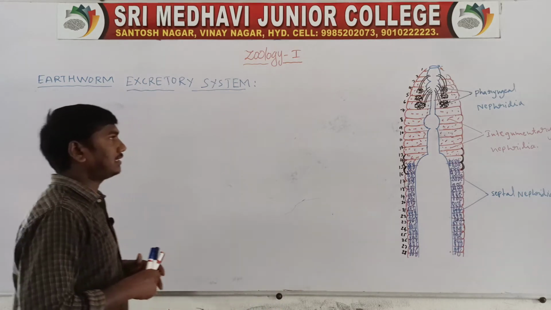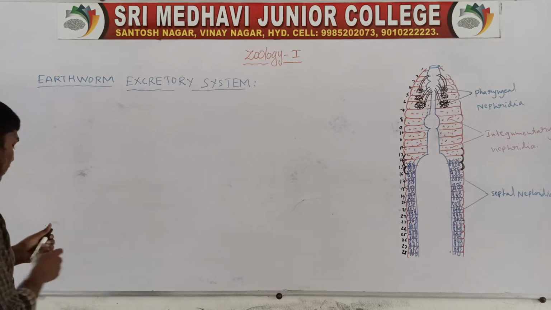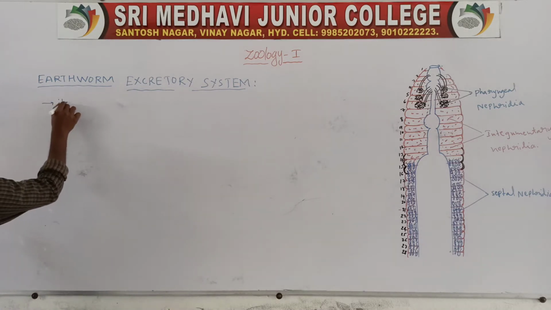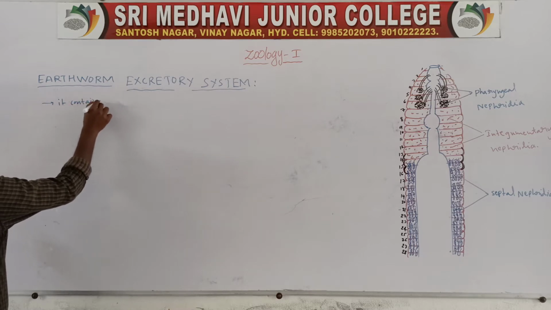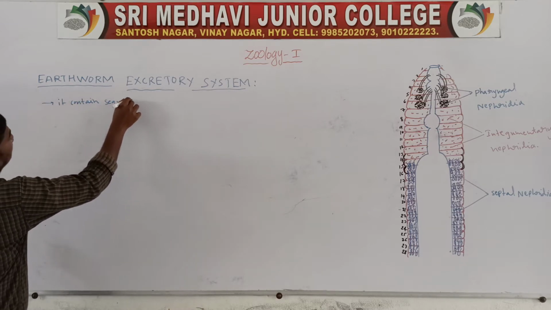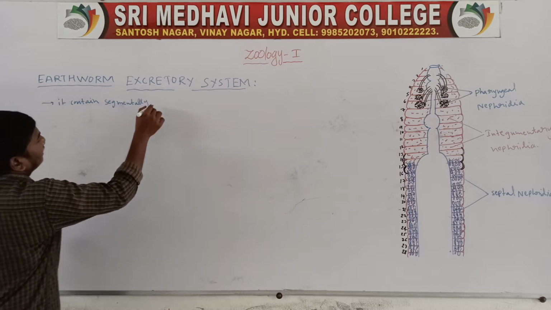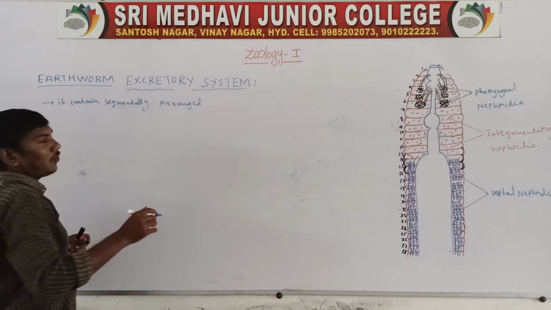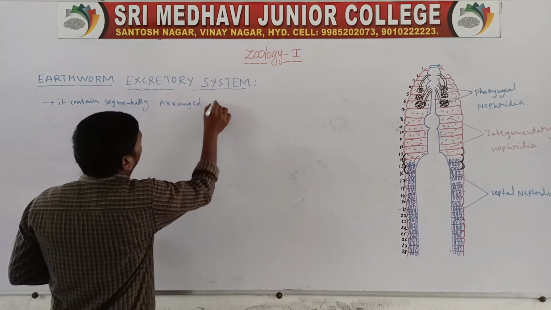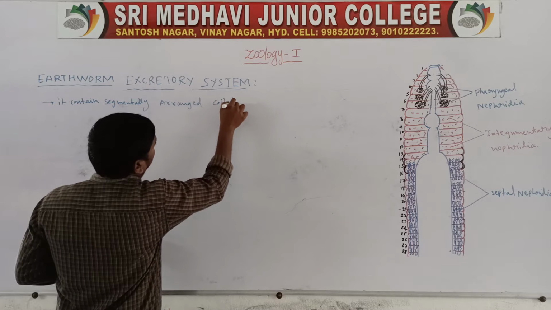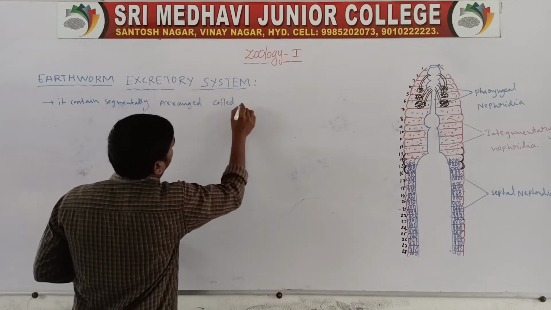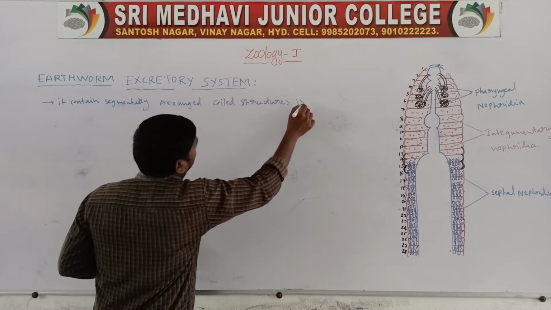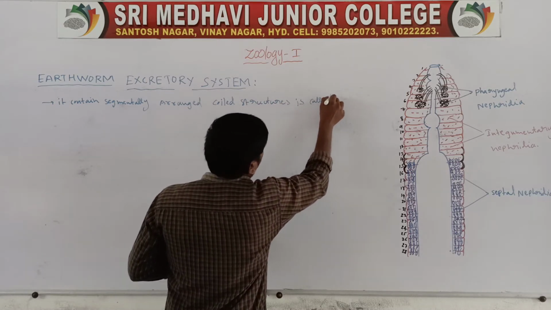Earthworm excretory system. The excretory system contains segmentally arranged coiled tubes, or coiled structures, which are called nephridia.